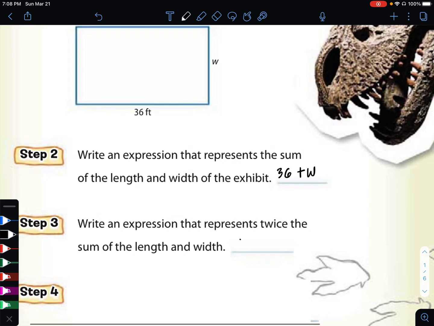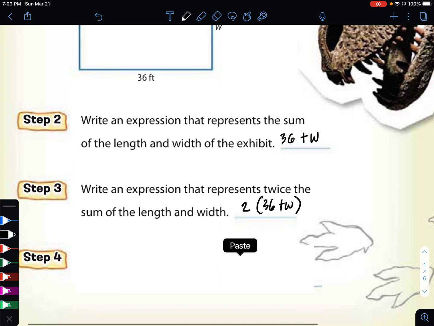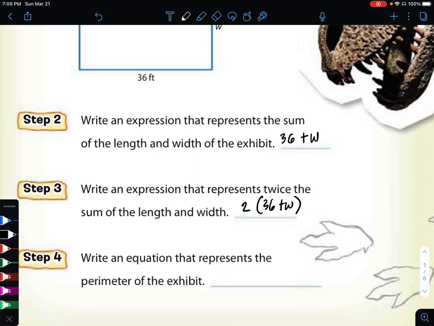That is going to be 2 times (36 plus W). Step number four, write an expression that represents the perimeter of the exhibit.